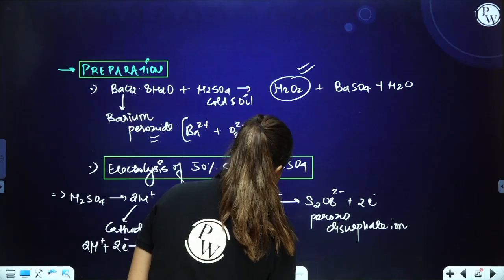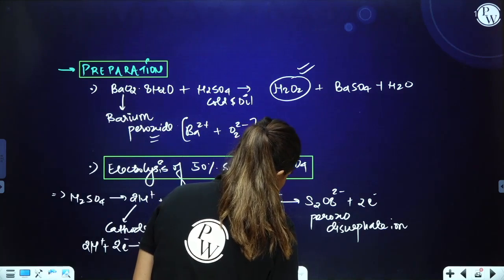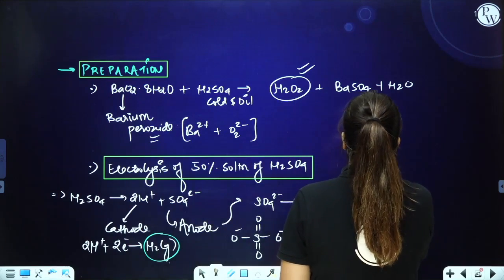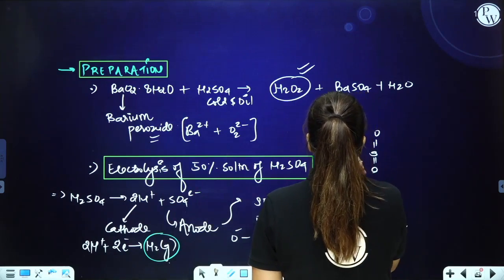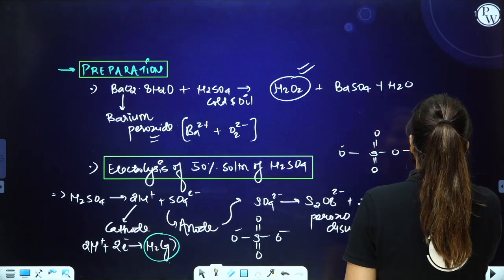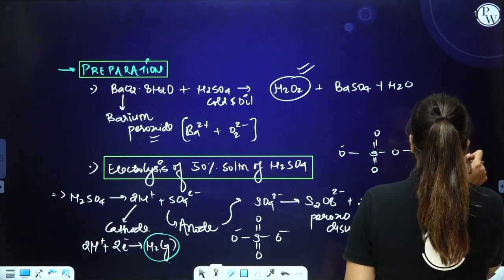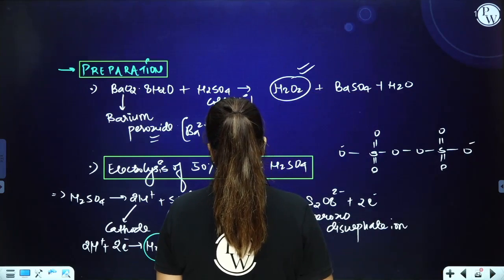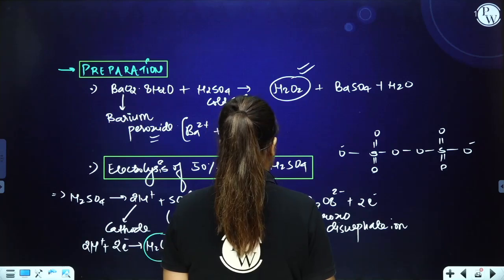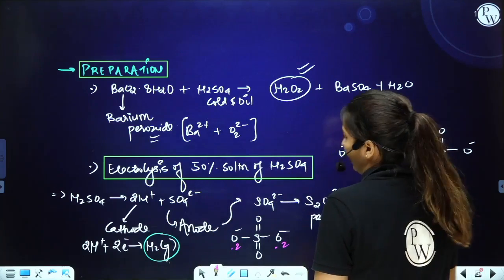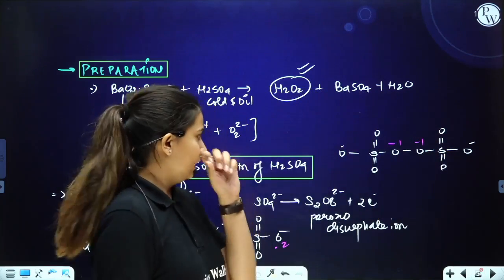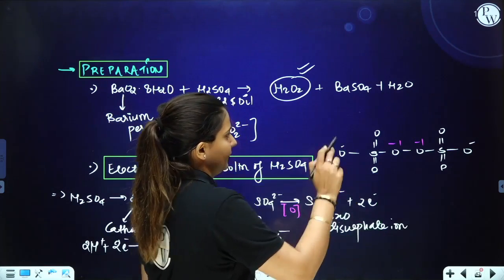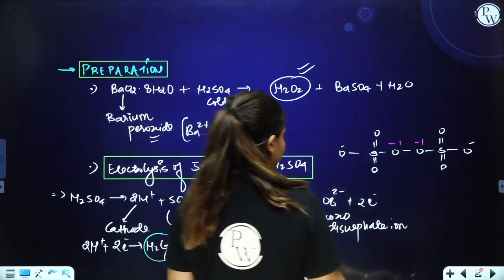The structure of SO4 2 negative will be like this, and the S2O8 2 negative structure will be like this. Here the oxidation state will be -2 and -2, and here it will be -1 and -1. So that oxidation is taking place, you are having an increase in the oxidation states. So you are getting peroxo disulfate ion over here.